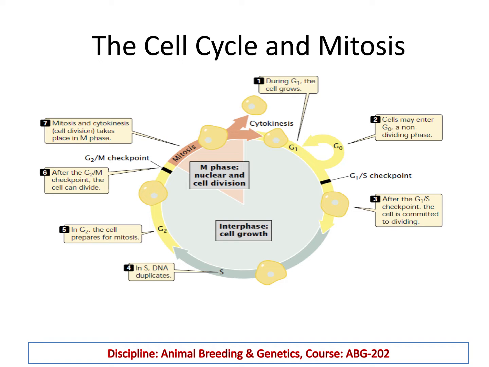So once the cell passes through this checkpoint, the cell would divide, and this division would have two steps. First, the division of the nucleus, and second, the division of the cytoplasm.